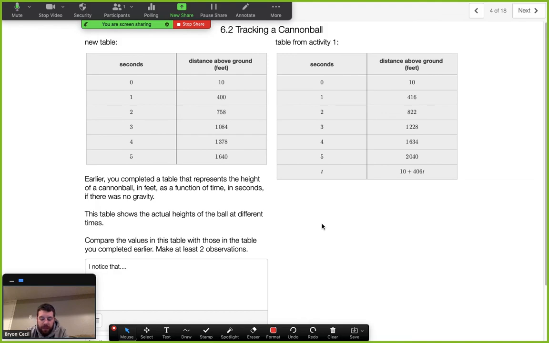Okay, did I skip a slide? Oh, no. Okay, so guys, here's the table we've done. Now we have this here that shows the actual height of the ball at different times.